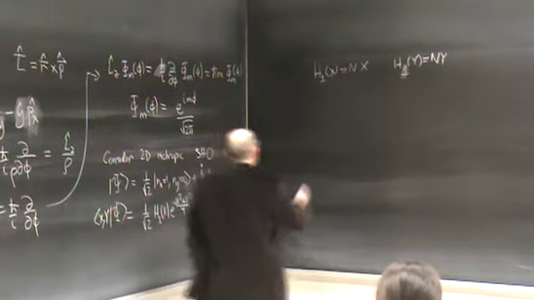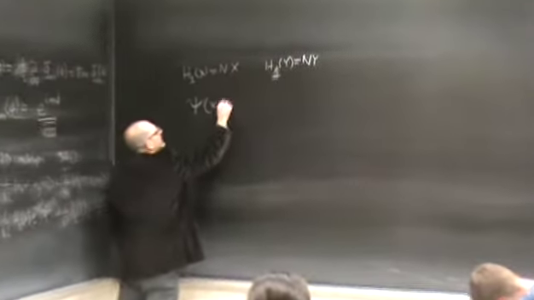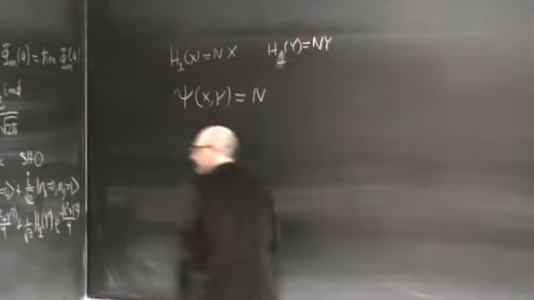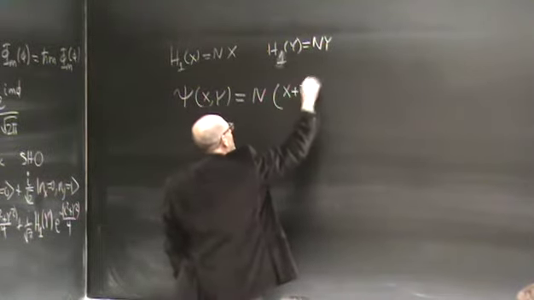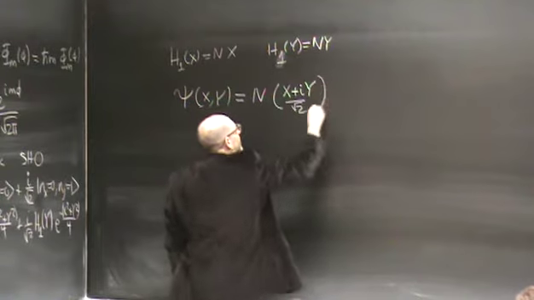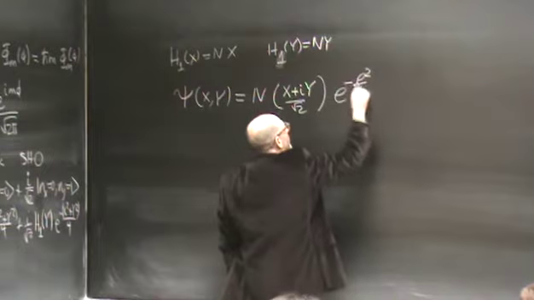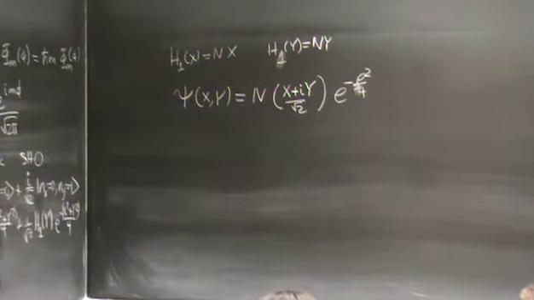So, this wave function is some normalization constant times x plus iy over root 2 e to the minus rho squared over 4, where rho is the magnitude, the square root of x squared plus y squared. You see what I did?